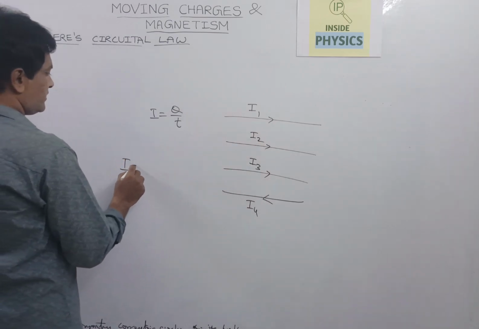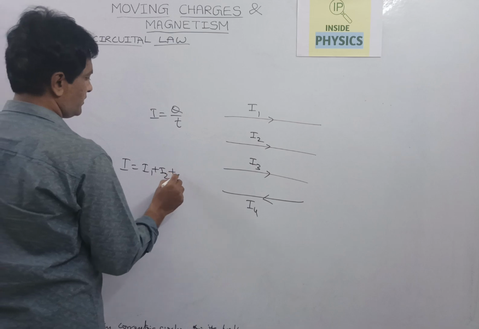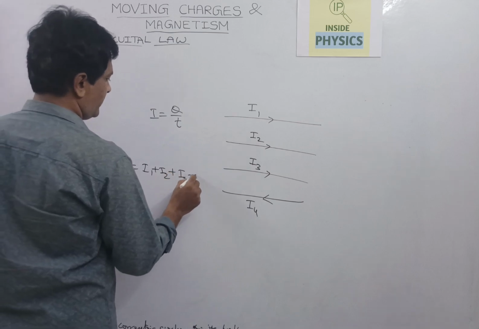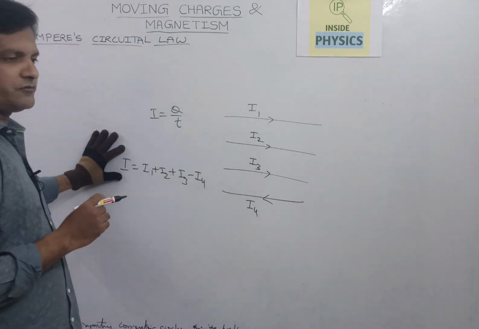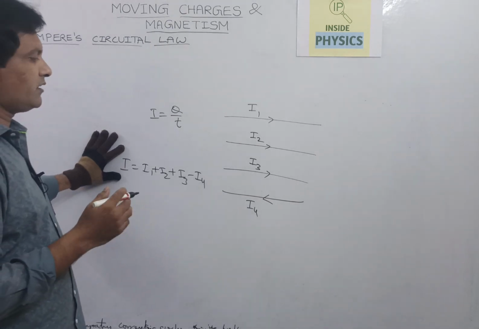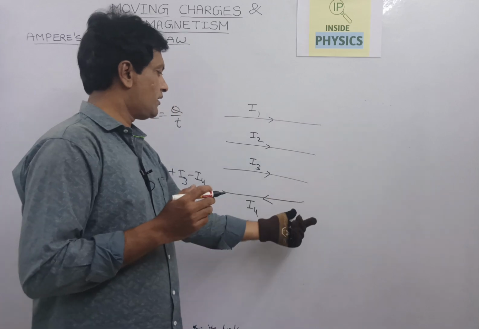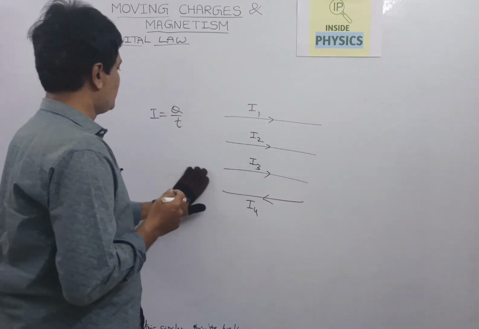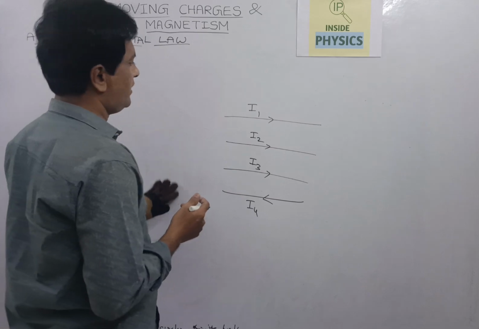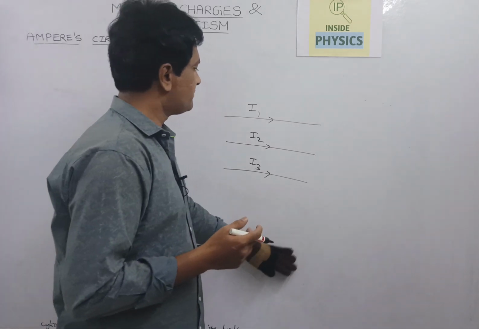So that can be considered as I1 plus I2 plus I3 minus I4. This is the algebraic sum where we consider the sign convention also. These are in one direction and the fourth current is in the opposite direction. So how do we measure the magnetic field around this current area?